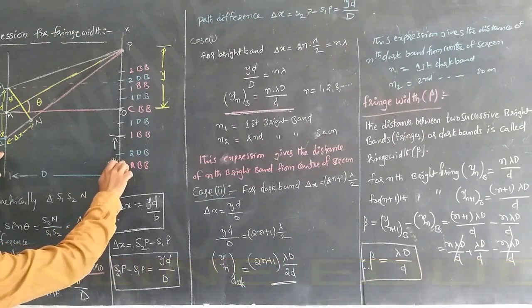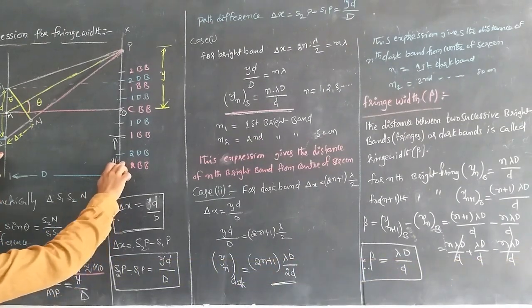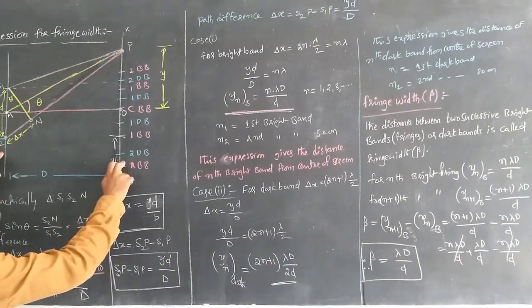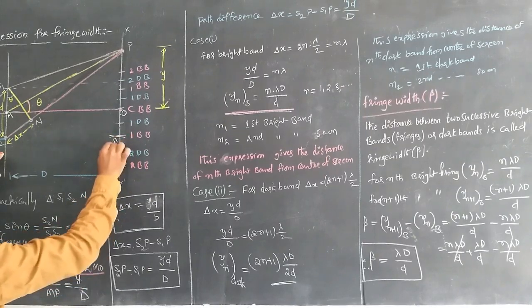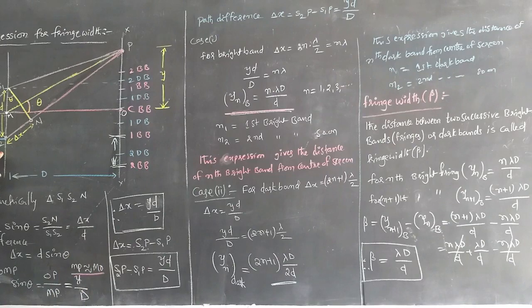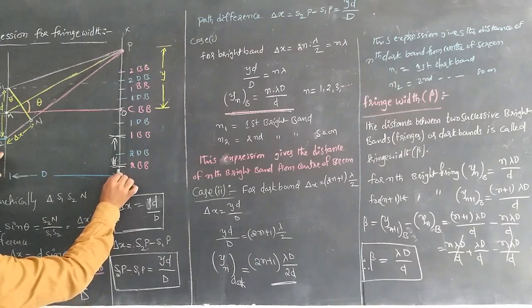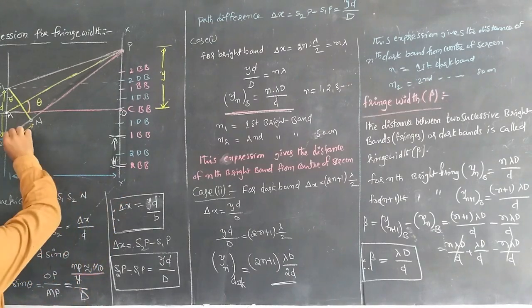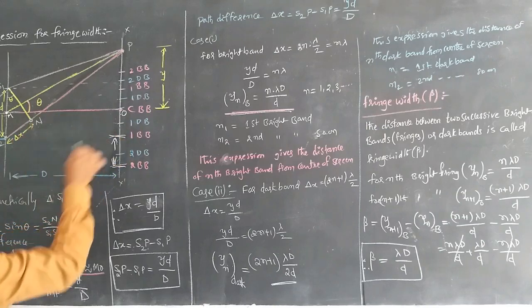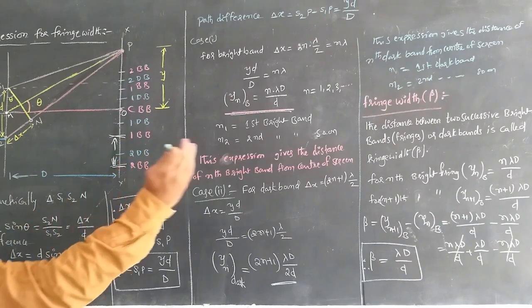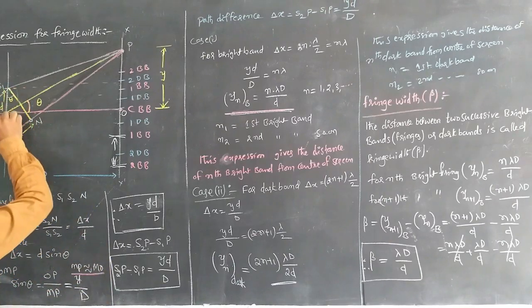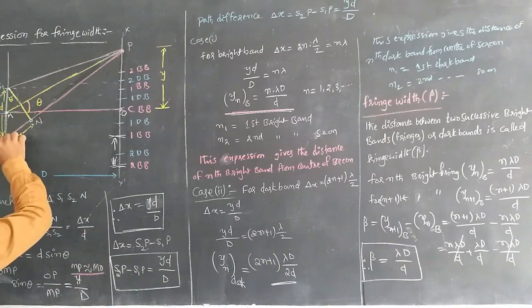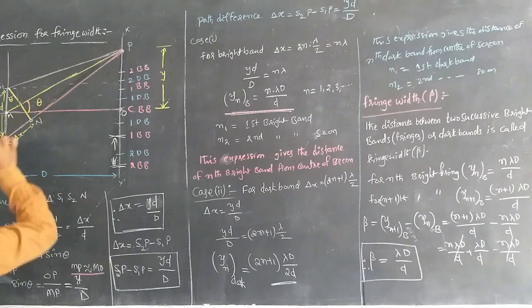If the distance between the slits and the screen increases, the fringe width also increases. It is also directly proportional to the wavelength of the rays, and inversely proportional to the distance between the slits S1 and S2.